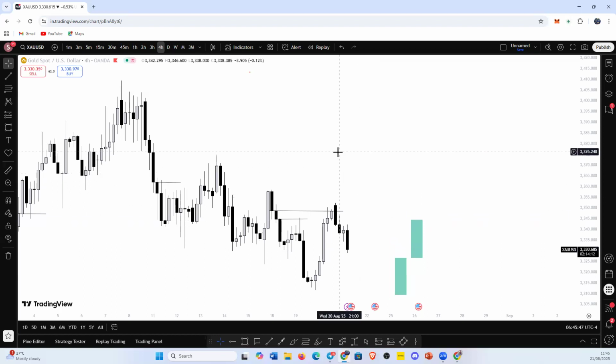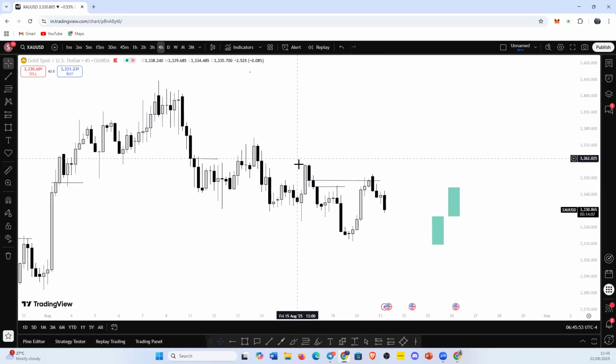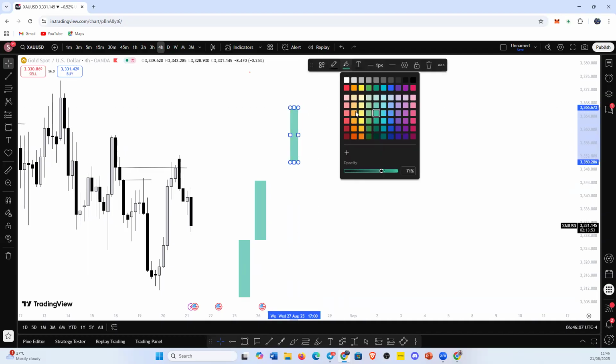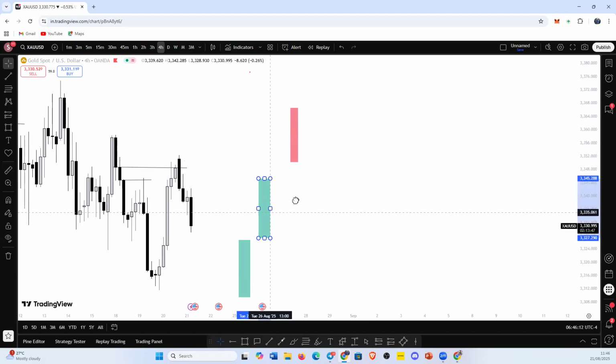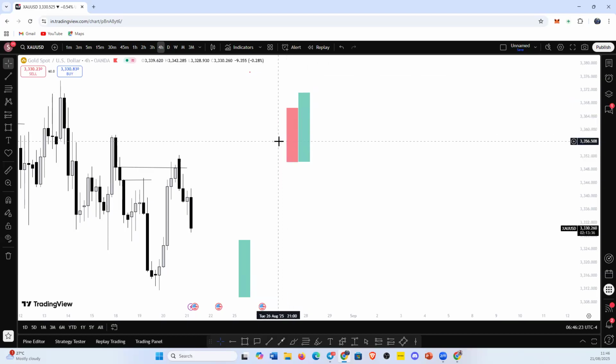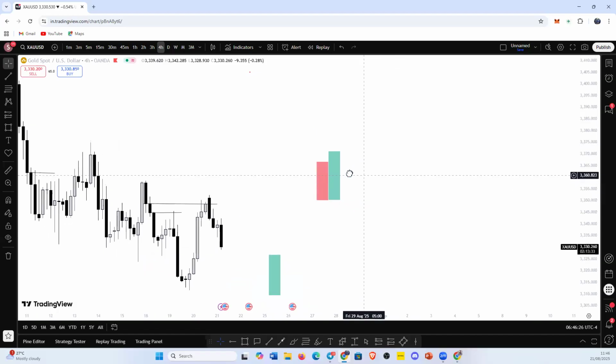Number one breakout SNR is your engulfing candle. Your engulfing candle. What you are expecting, let me change this color to red.